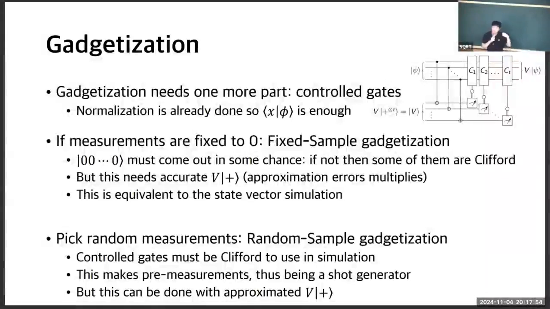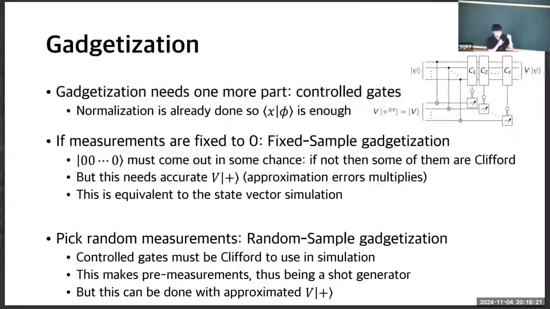So if we can find that, then we just don't have to consider C1 to CT, so we can just ignore that. And if we just apply C naught and measure, and assume all are measured as 0, and we just update the stabilizer simulator with those measurement results, then we can just make it V psi here.